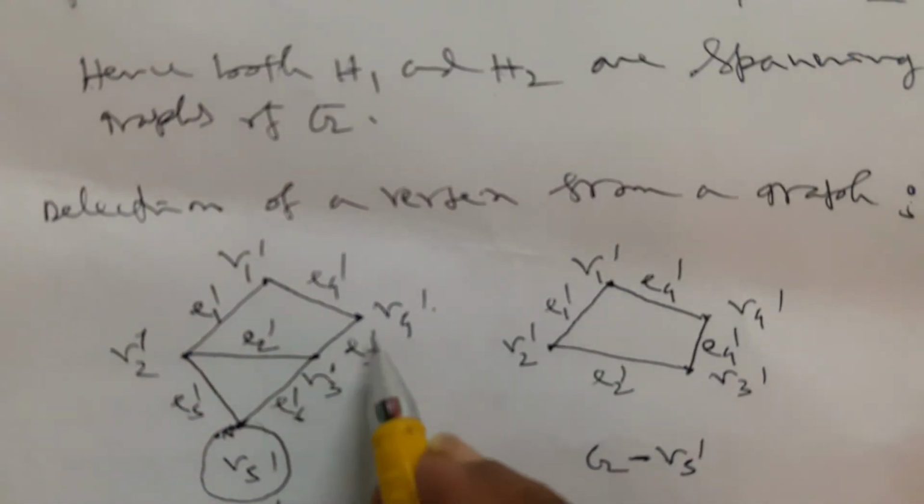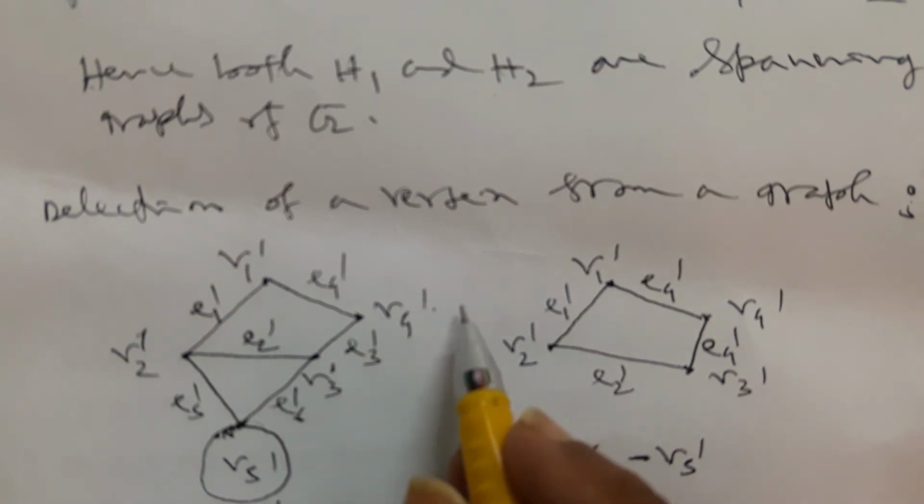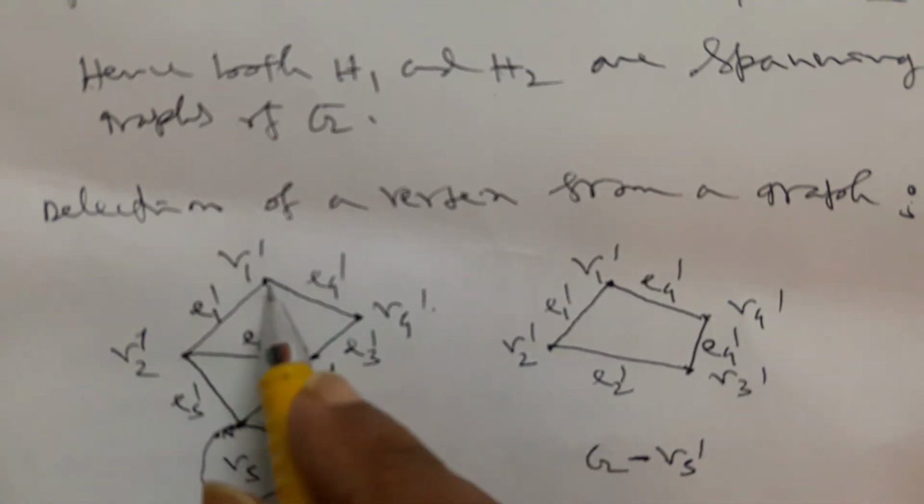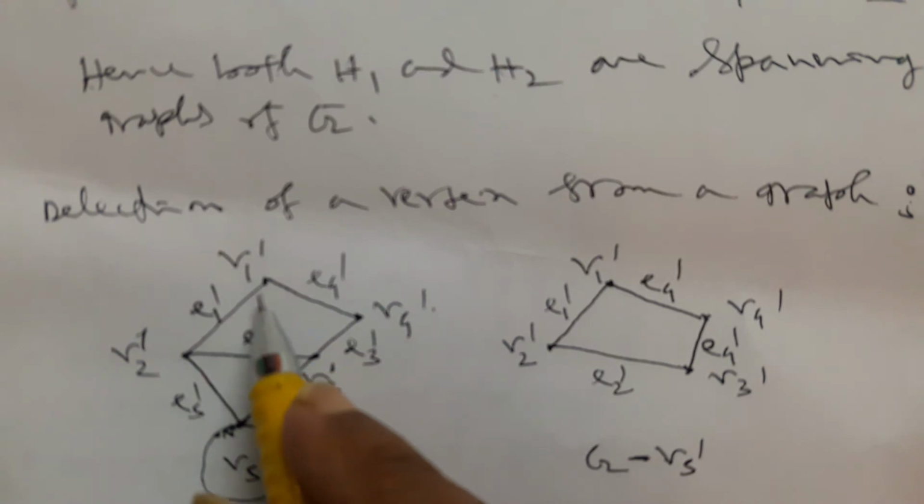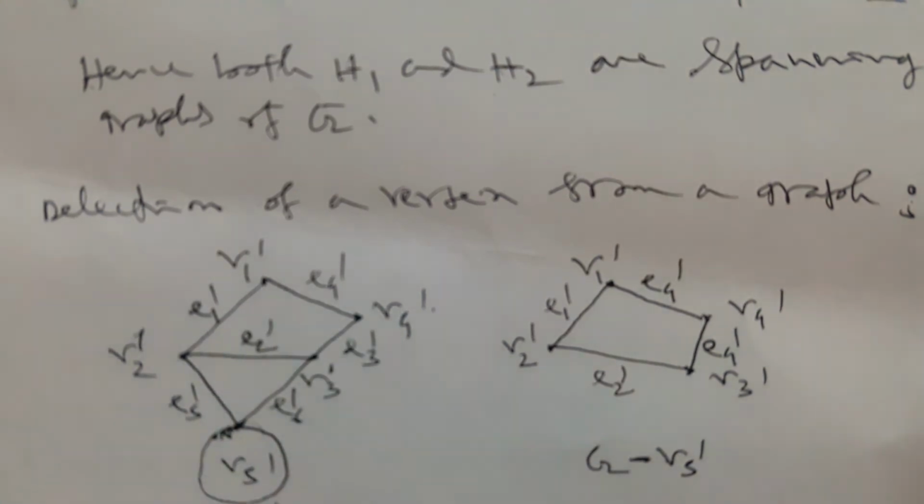In this way, if we delete other vertices, we get different types of figures. So many figures we have. If we delete v1 dash, then we can get these two types of figures.